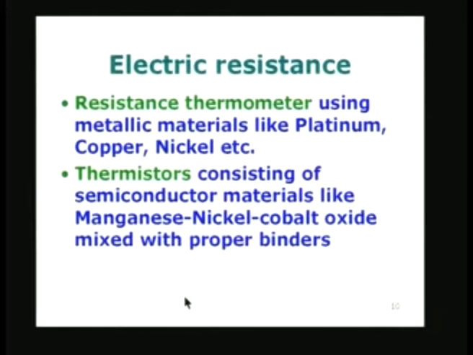The next one is the use of electrical resistance as the thermometric property. There are 2 types of electrical resistance thermometers. Number 1 is the resistance thermometer, which uses materials like platinum, copper, nickel, etc. If you take an element of copper or platinum in the form of a coil, and change the temperature of the coil by subjecting it to an environment of whatever temperature we want to measure, the resistance changes with temperature.